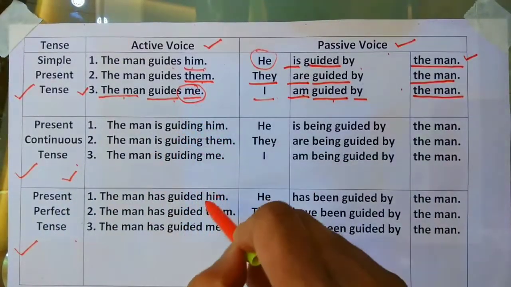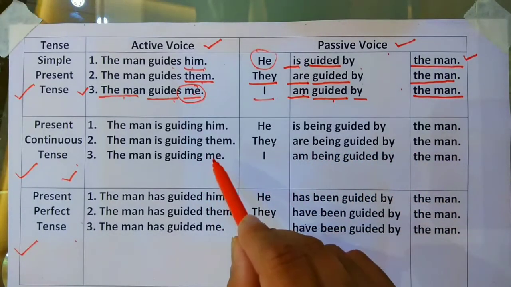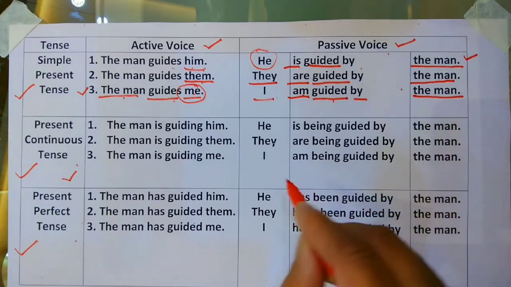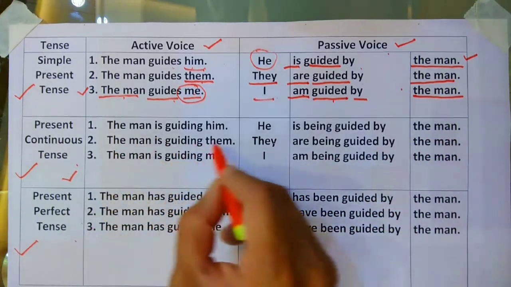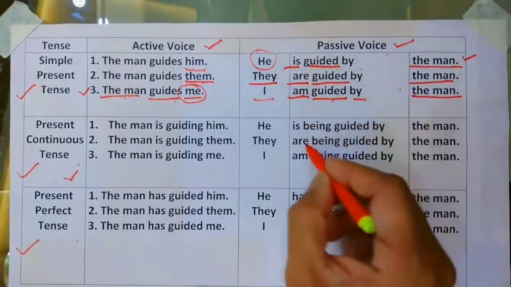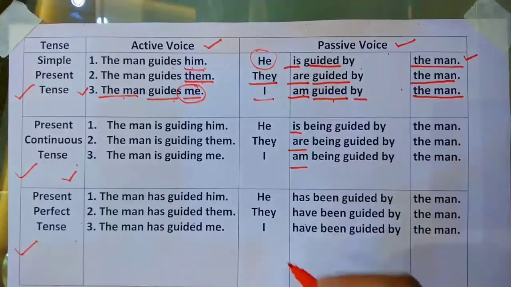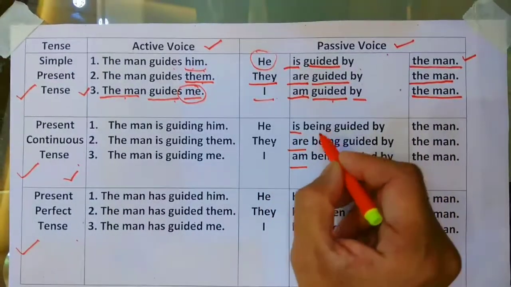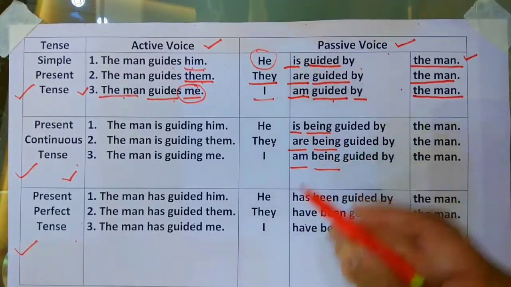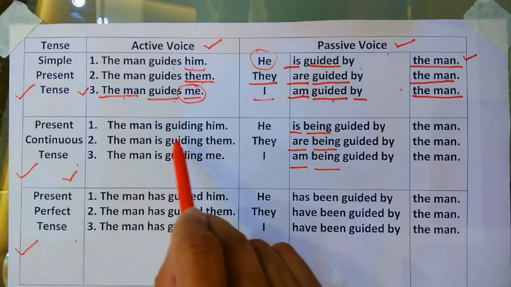We have taken the same examples so that you can understand how to convert active sentences into passive sentences. Students, when we deal with present continuous tense, we continue the same helping verbs here also, only we need to add the word being after the helping verbs, and the pattern remains the same. The first sentence is the man is guiding him.